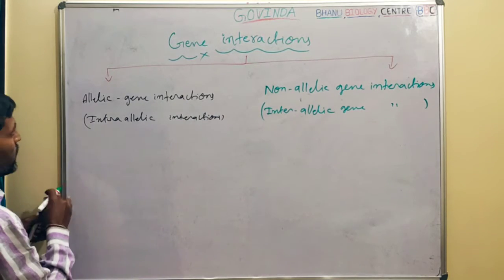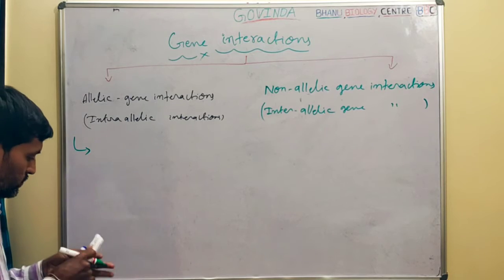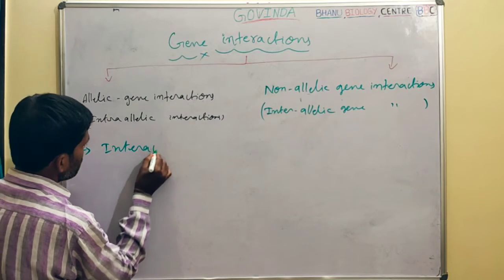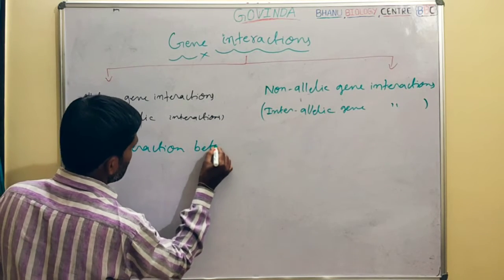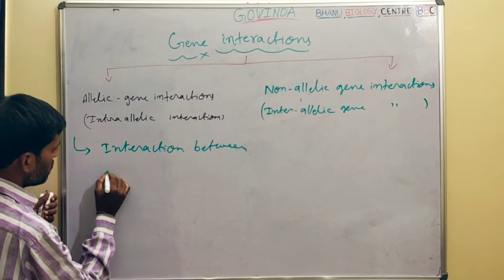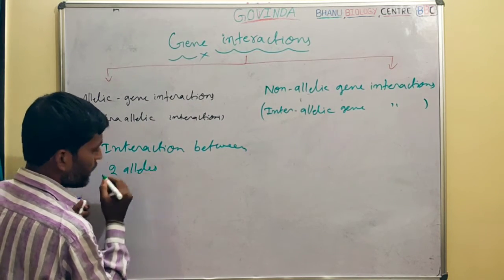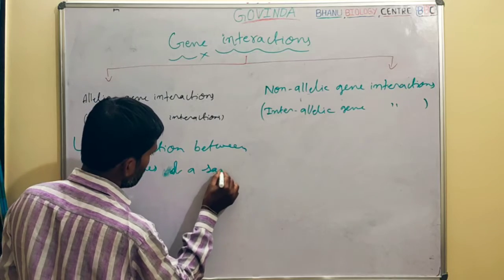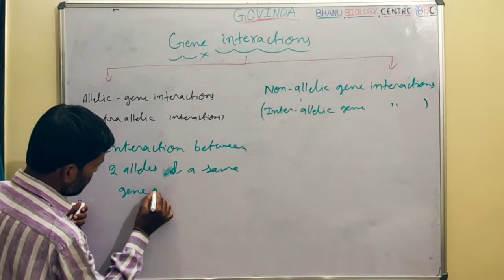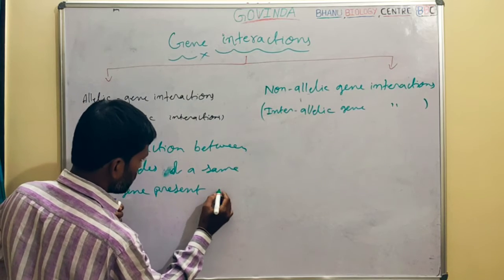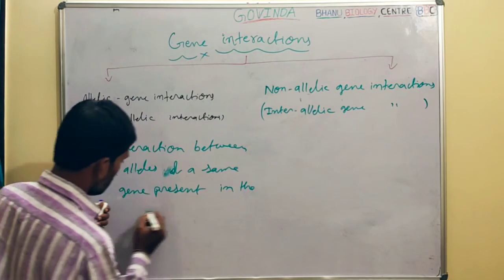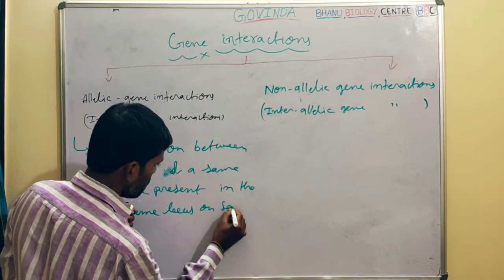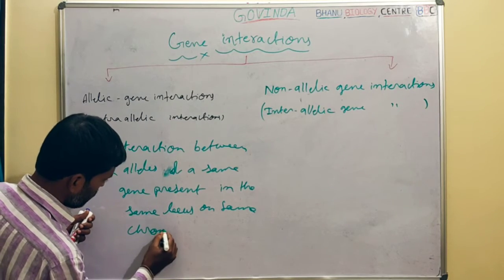Allelic gene interaction means interaction between two alleles of the same gene present in the same locus on the same chromosome.